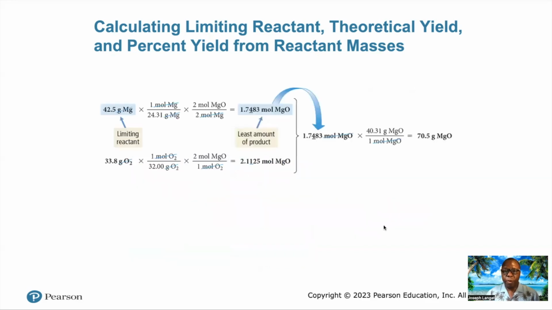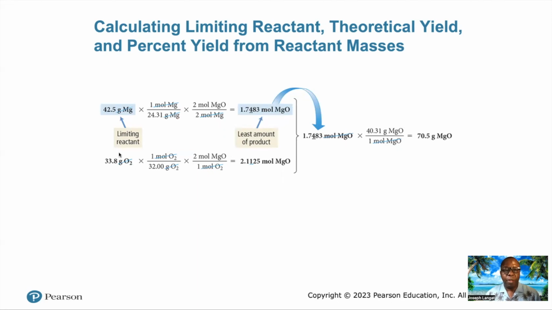And if you look at the mass of magnesium oxide, if magnesium is our limiting reagent, this is the number of moles, 1.74. And if you see these underlines, they mean our last significant figure, because of the three significant figures, 1.75. Whereas for oxygen, 2.11.